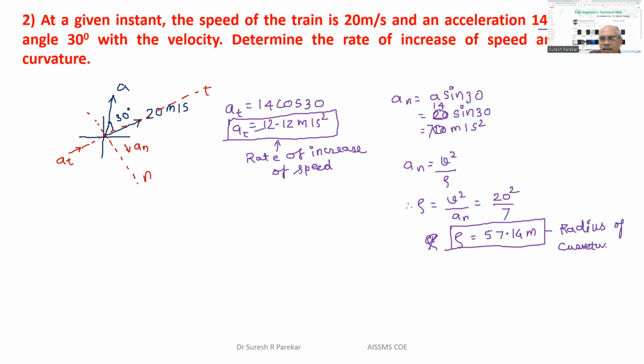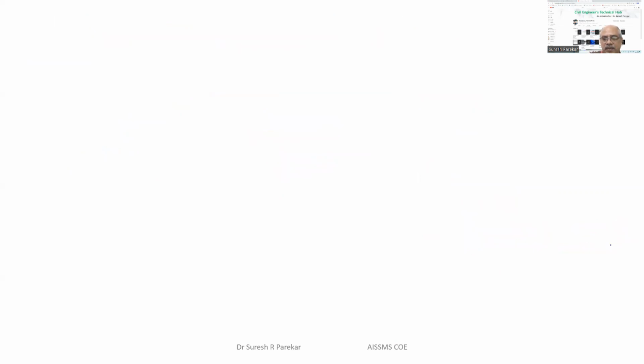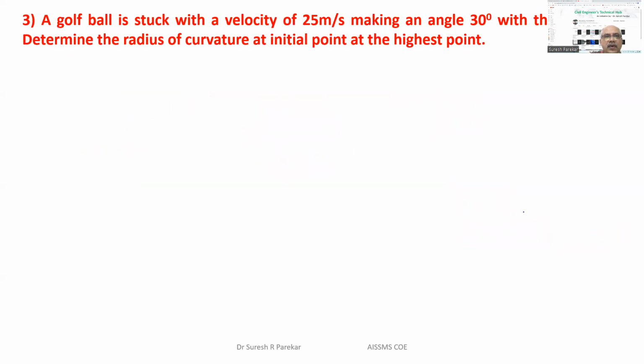And then we will do one more conceptual problem. A golf ball is struck with a velocity of 25 meter per second, making an angle of 30 degrees. So now we will draw the diagram. Determine the radius of curvature at the initial point.